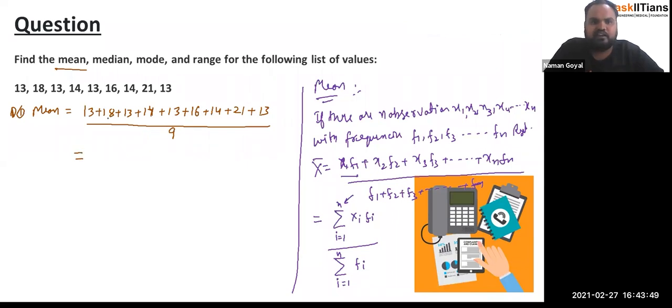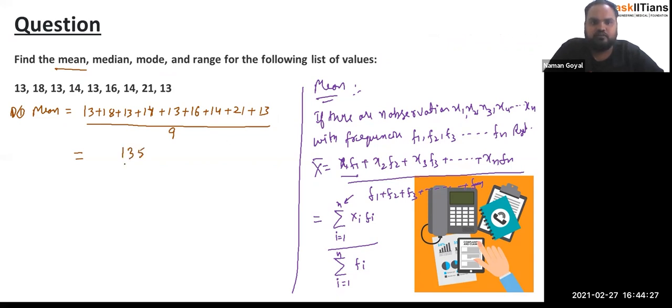So 13 plus 18, 31. 31 plus 13, 44. 44 plus 14, 58. 58 plus 13, 71. 71 plus 16, 87. 87 plus 14, 101. 101 plus 21, 122. 122 plus 13, 135.